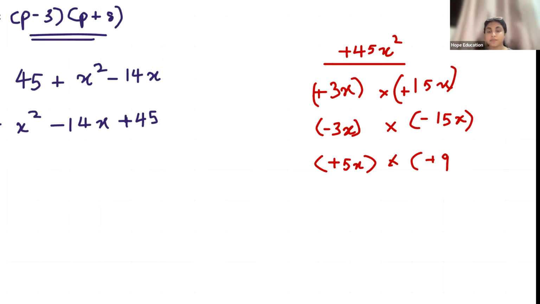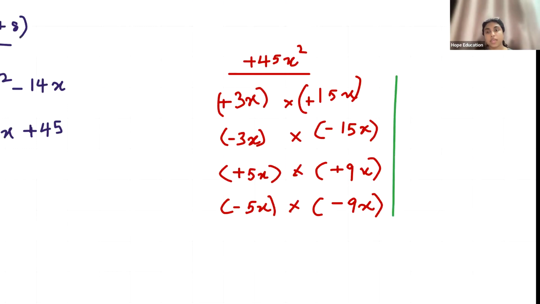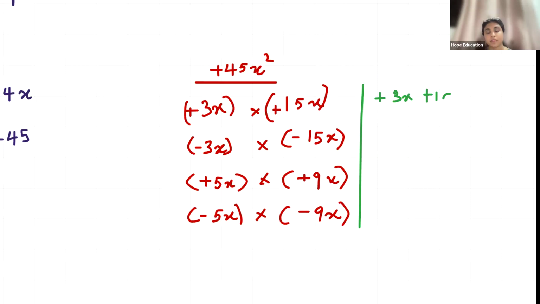Minus 5x multiplied by minus 9x, we still get plus 45x squared. Then we add and see. Plus 3x plus 15x, we get plus 18x. That's not what we want. What we want is minus 14x.